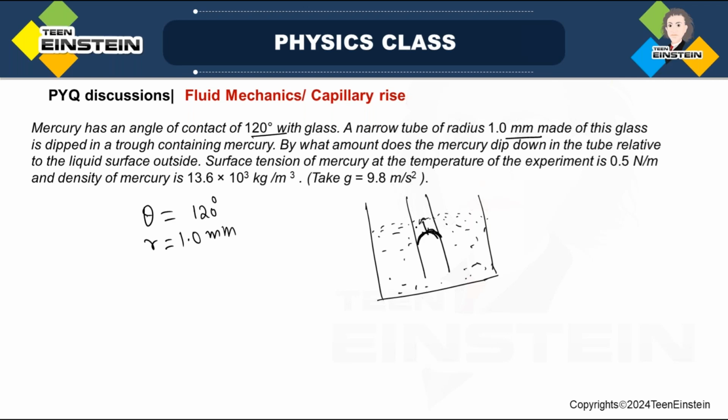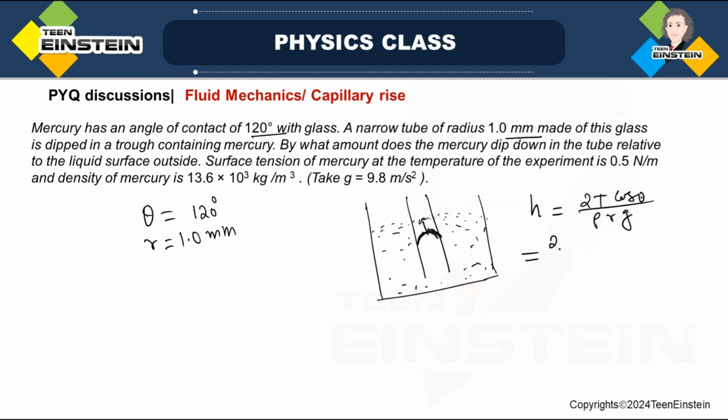That height we have to find out, by what amount mercury dipped down in the tube relative to the liquid surface outside. This is also given by the formula h is equal to 2T cos theta by rho r g, the same formula.